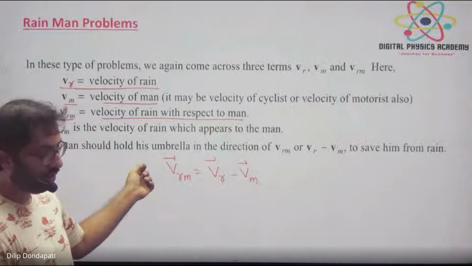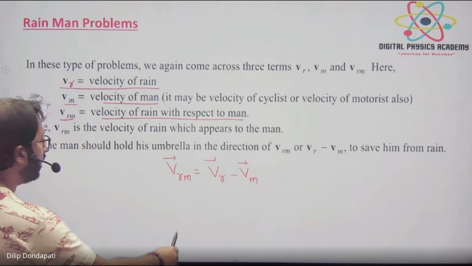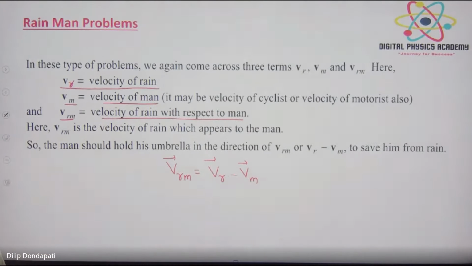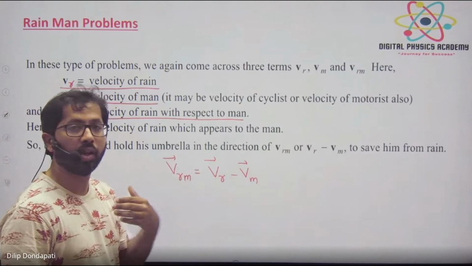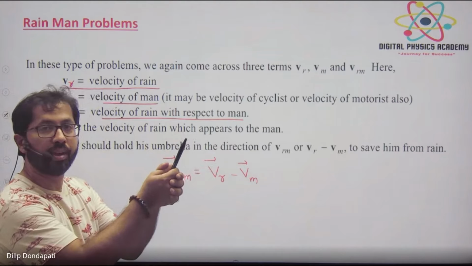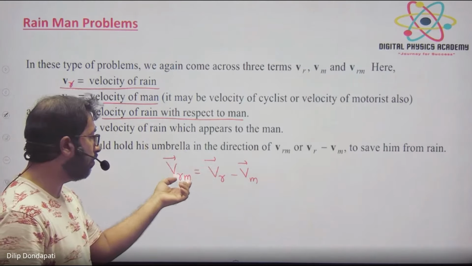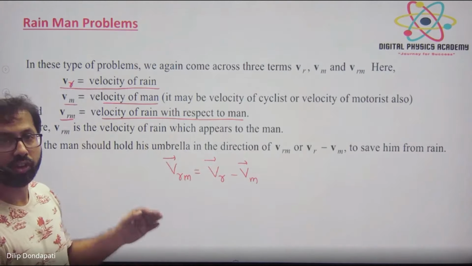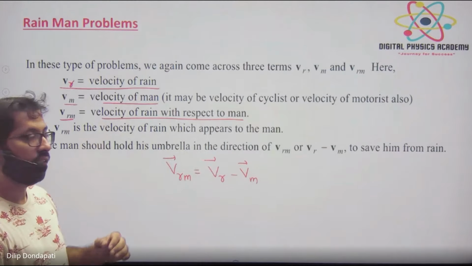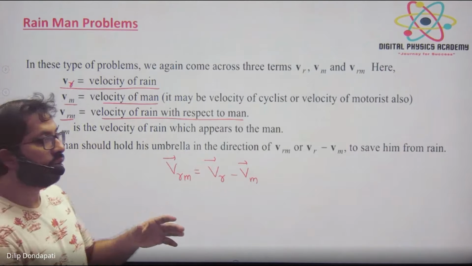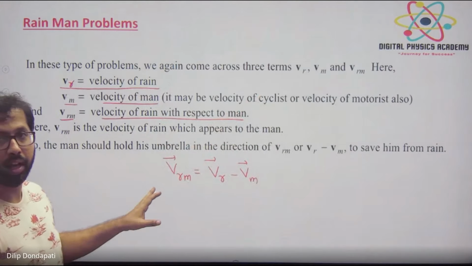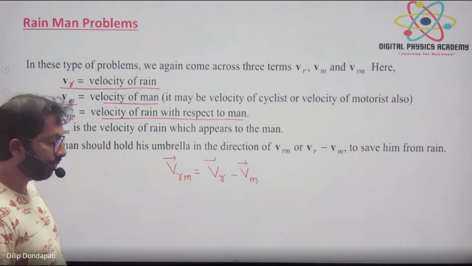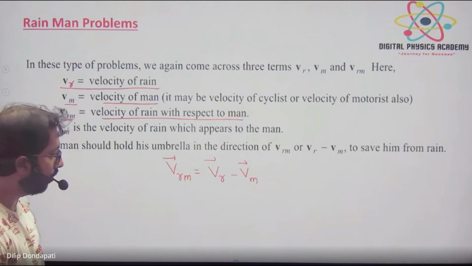So VRM is equal to that, and this VRM is responsible for the umbrella. If we are asked at what angle to hold the umbrella so that we don't get wet, you have to find VRM only. The velocity of rain with respect to man will give the angle at which you have to place an umbrella so that he will not get wet. So this is the response. VRM is VR minus VM. You have to know these 3 terminologies.